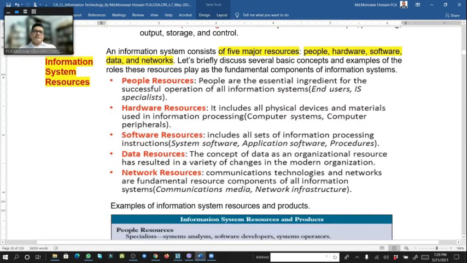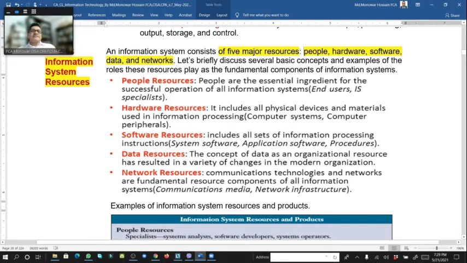So here, people resources are the essential ingredient of the successful operation of all information systems. Because without people, we cannot run any system.